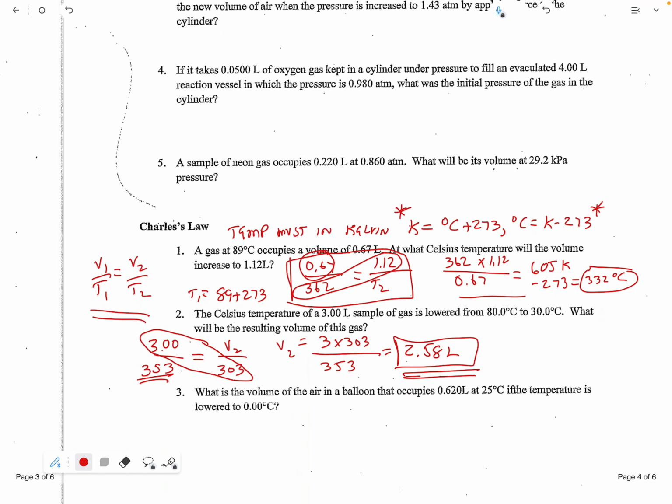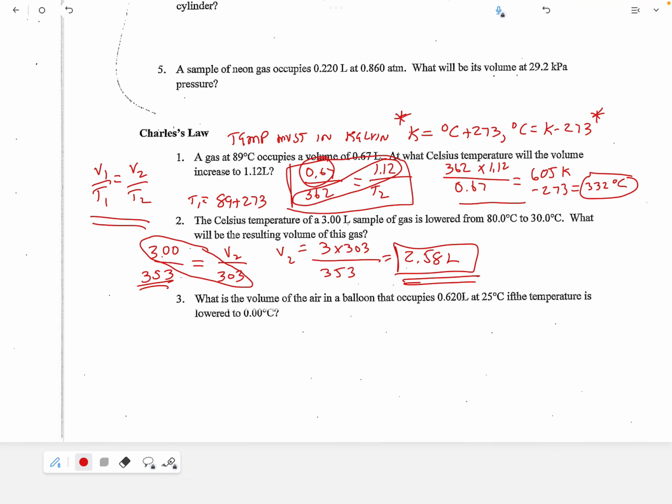Charles' law is the last law we're going to look at here tonight. All temperatures must be in Kelvin, so you have to convert from degrees Celsius to Kelvin, and I've given you the conversions again. In Charles' law, you are cross-multiplying. As you can see, I set up my problem like so, and I just substituted the values in.